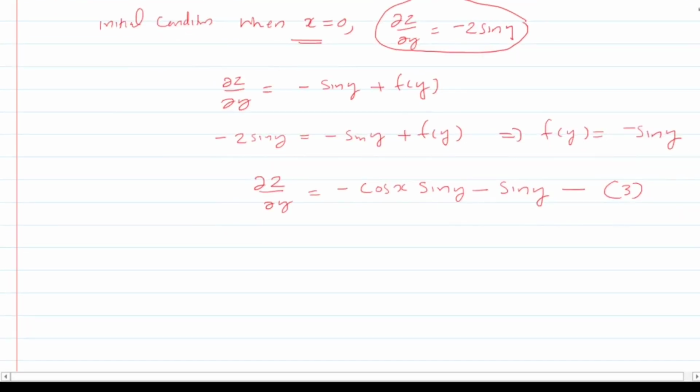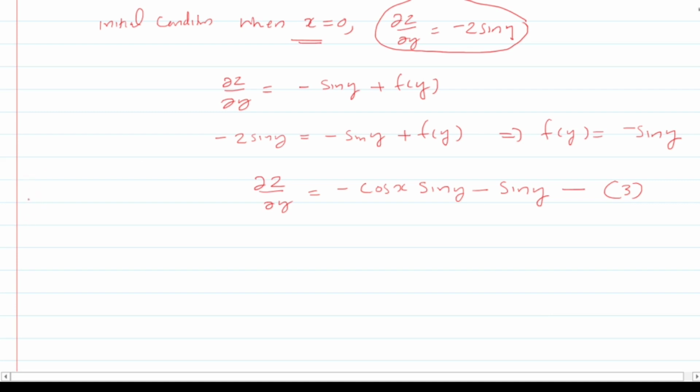Now we need to find z, right? So we again integrate with respect to y. We integrate equation number 3 with respect to y, keeping x as constant.